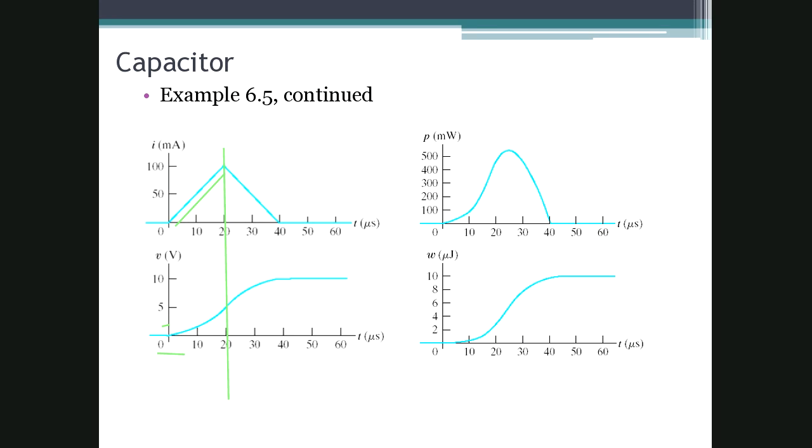But look at what's happening to voltage here before 20 microseconds and after 20 microseconds. We can see that the slope is changing, and we can look at this as being concave. The slope here is actually very high.